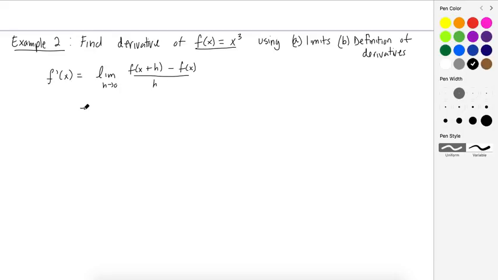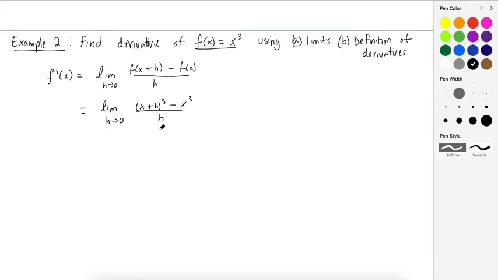That is going to be equal to the limit as h approaches 0 of, since we have x to the third, x plus h to the third minus the original function x to the third, divided by h. In this one, all you have to do is add h to x, and that will give you the function f at x plus h. Okay.